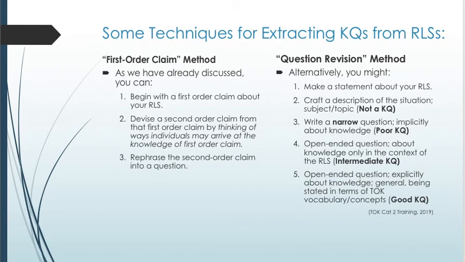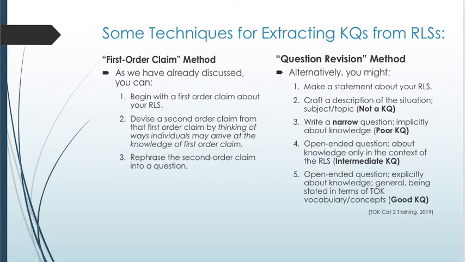Alternately, you might use the question revision method. You start with a statement about your real life situation. You craft a description of the situation or the subject. This is not a knowledge question. You write a narrow question implicitly about knowledge. This would count as a poor knowledge question, but it's clearly implicitly about knowledge.